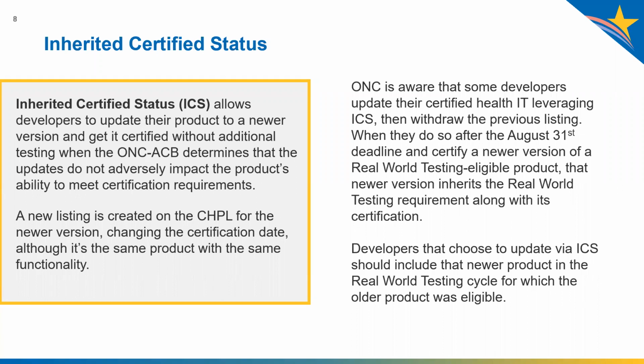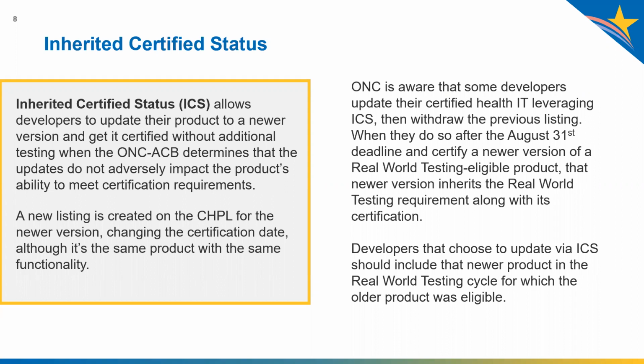With that being said, ONC is aware that some developers update their certified health IT, leveraging the inherited certified status flexibility, and then withdraw the previous listing. Sometimes this doesn't happen on a timeline that aligns with real world testing requirements.